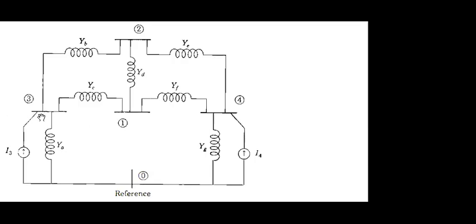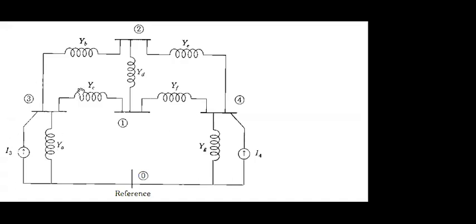How many branches are attached to node 3? 1, 2, 3, 4, right? 4 branches are attached to node 3. Out of them, 1 is a current source, and 3 are admittances.